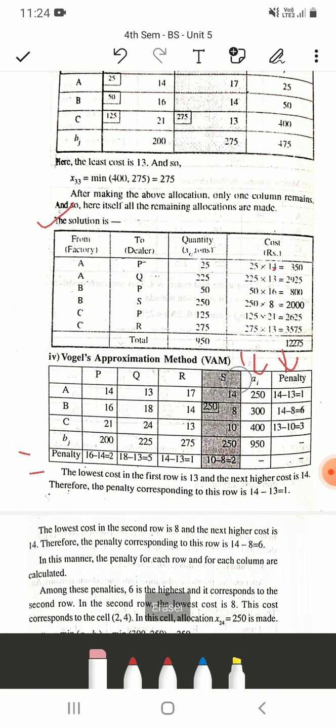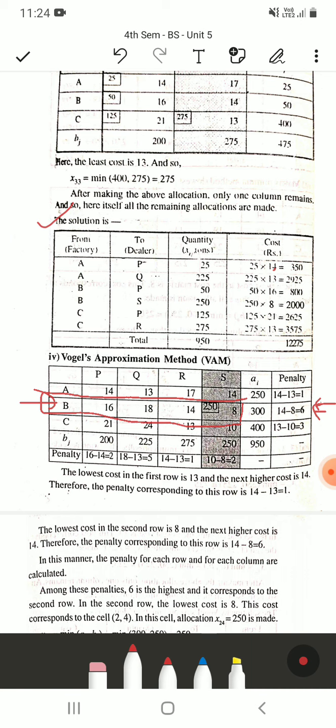So once you get the penalty column as well as row, you have to check where is the highest penalty. So here the highest penalty is 6. So you have to check what is the lowest cost entry in that particular row. 6 is the highest penalty, so this row has to get an allocation.